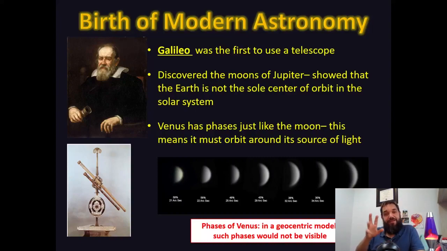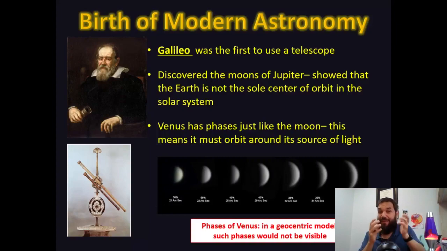The last scientist I want to talk about is Galileo. I'm sure you've heard of Galileo Galilei, right? Famous Italian scientist, the first astronomer to use a telescope. With his telescope, Galileo discovered some really interesting things. First of all, he pointed his telescope at Venus, and he found that Venus is not just a point of light.